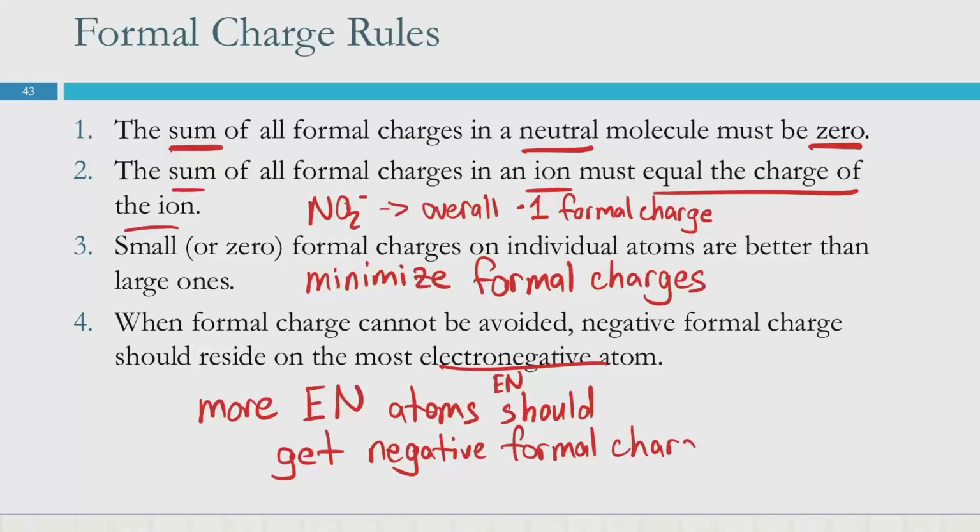This is only if we need to have formal charges that are negative. If we don't have to have negative formal charges, then ideally we just get zeros for everything.